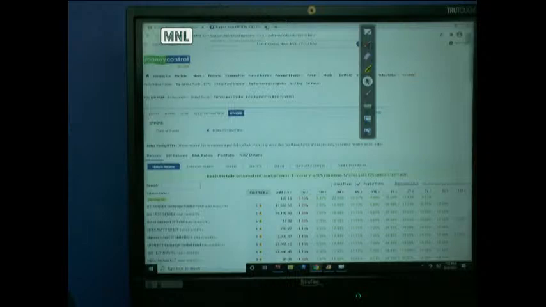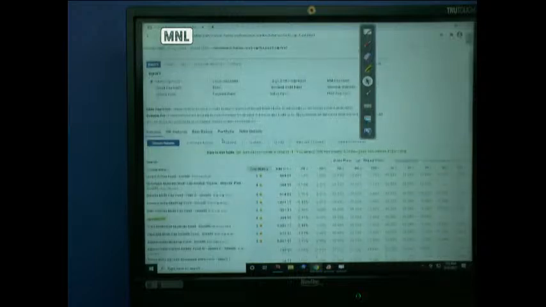Now look at the multi cap funds. We'll also look at the rank within, to see which one is doing well.